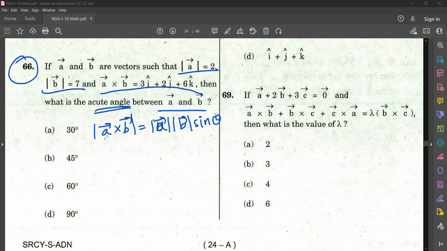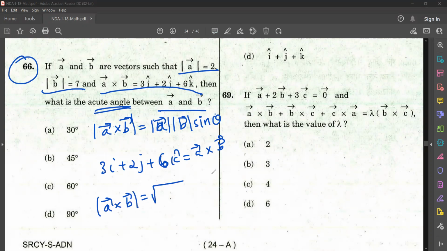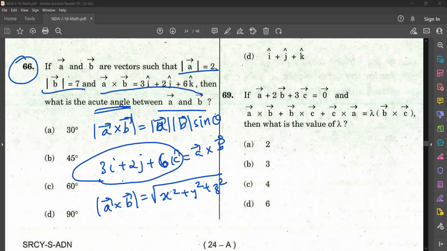So, magnitude of A cross B. A cross B is given as 3i plus 2j plus 6k. So how to find the magnitude of A cross B? Magnitude of A cross B is root of x square plus y square plus z square, because if you are given a vector like this, you can take root of x square plus y square plus z square to find the magnitude.